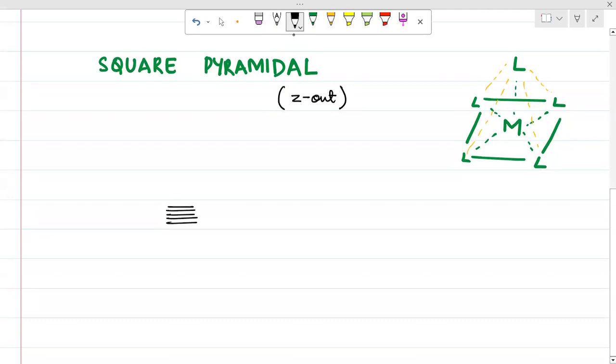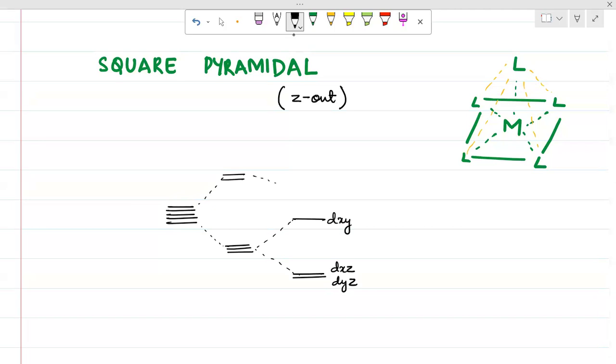If you have d orbitals, ideally in octahedral geometry you have t2g and eg. Z-out means the z components are elongated, so the energy is low. You have dxz and dyz here, dxy energy increased.